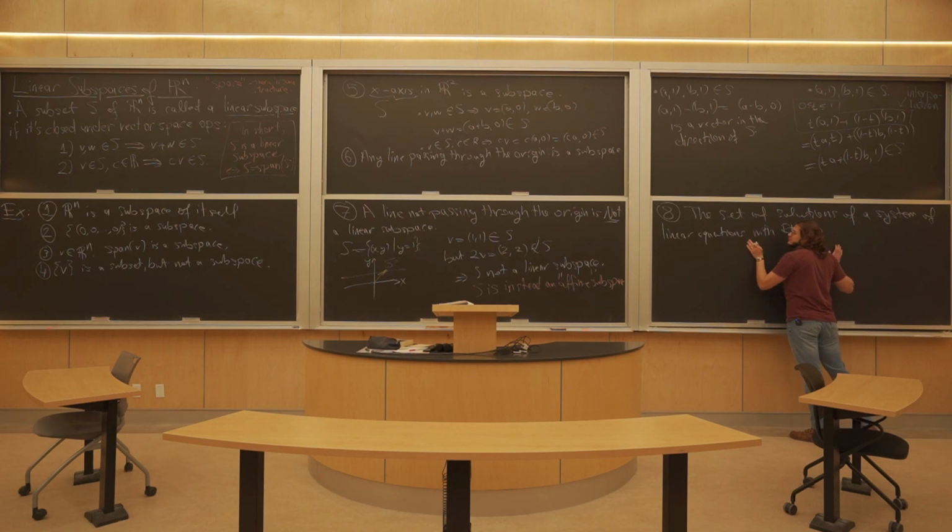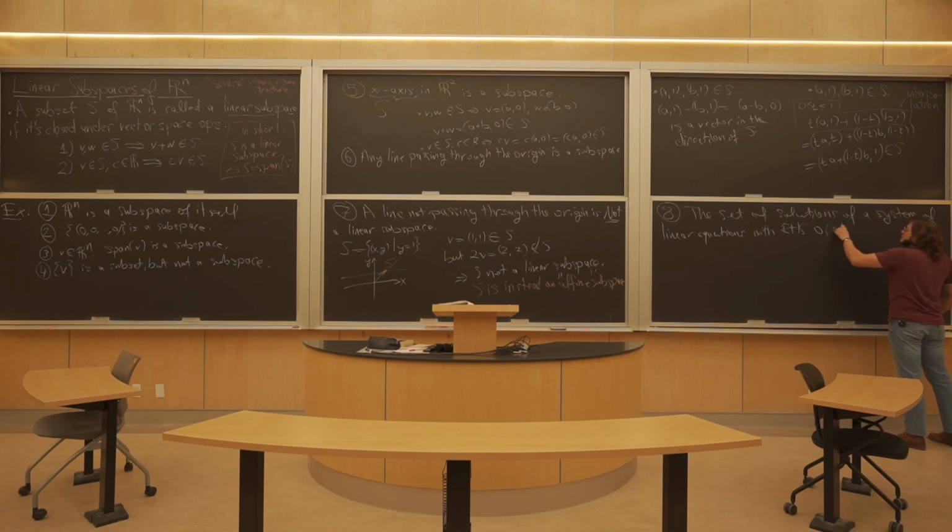The systems of equations with right-hand side 0 are called homogeneous, aka a homogeneous system.